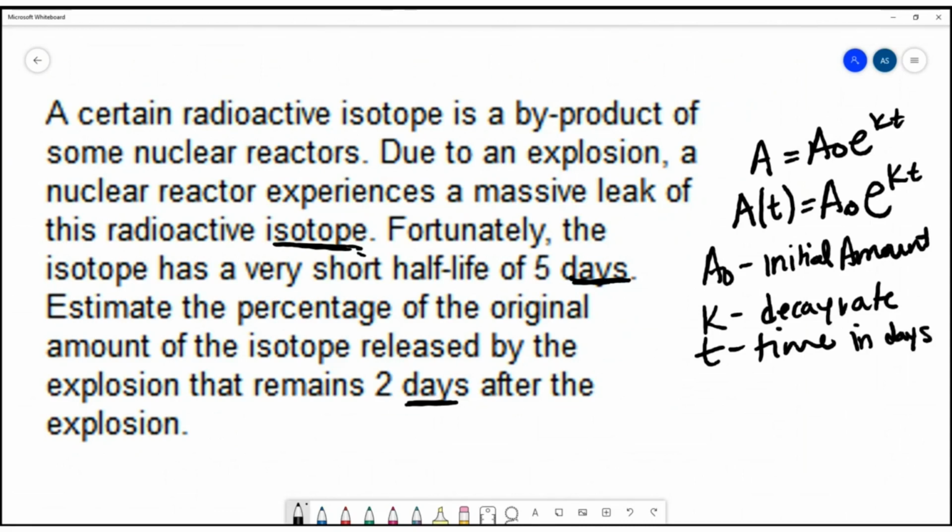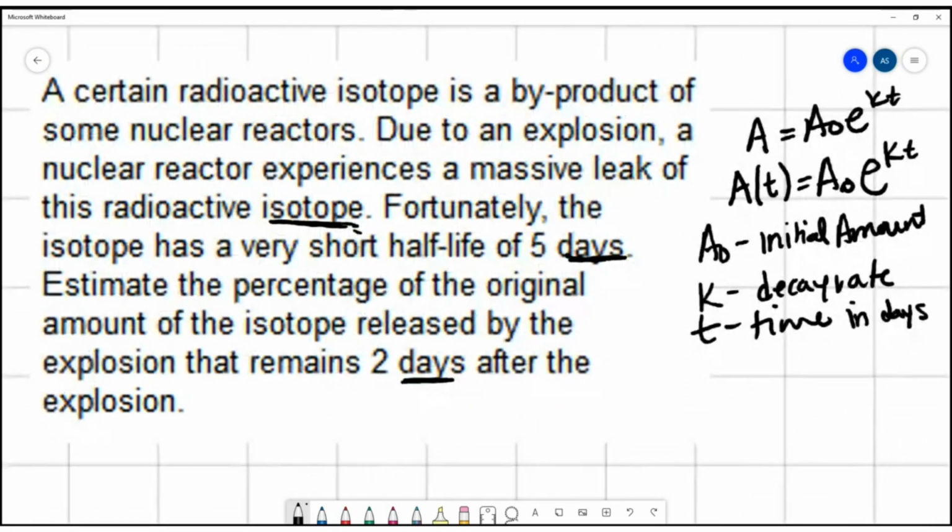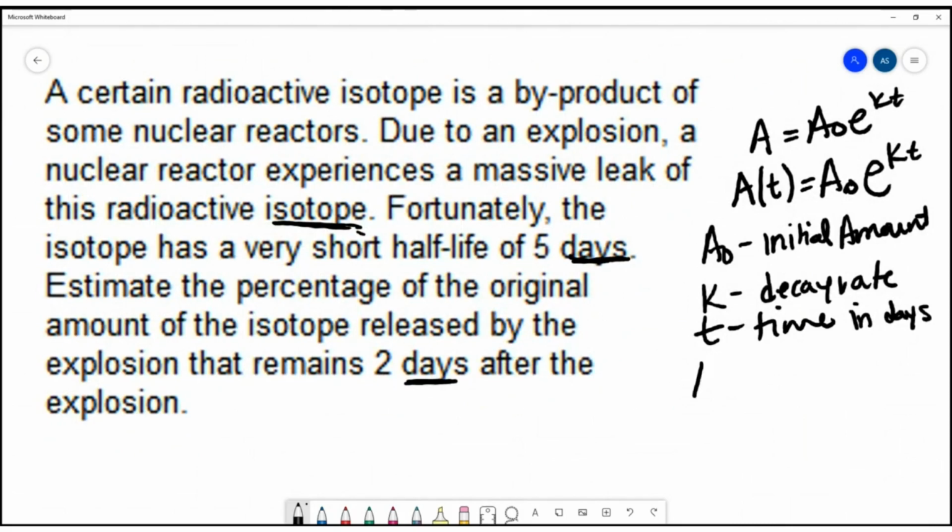It can be years, hours, minutes, seconds, whatever applies in the problem. And then we have A, or A of t, and that's going to be your amount remaining after some period of time. That's your amount after time.